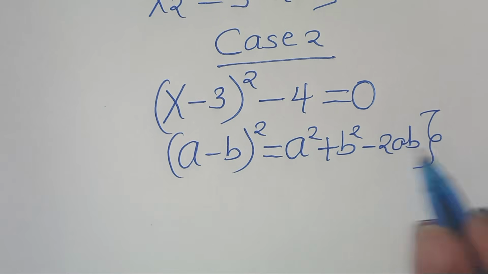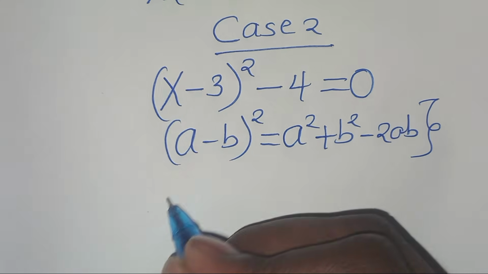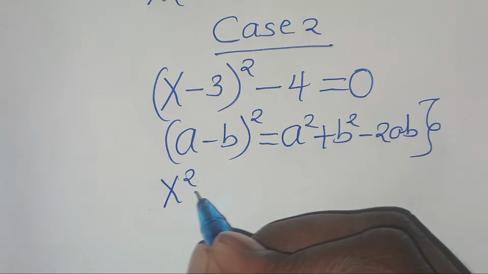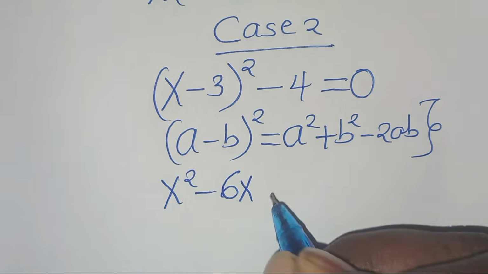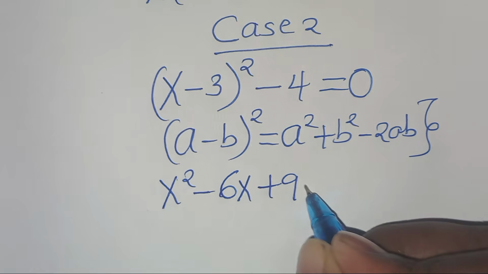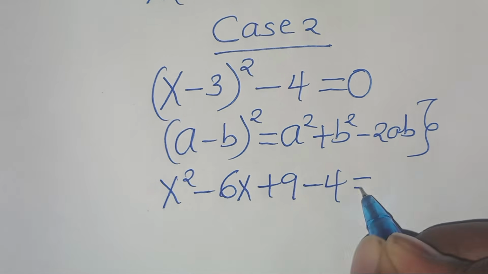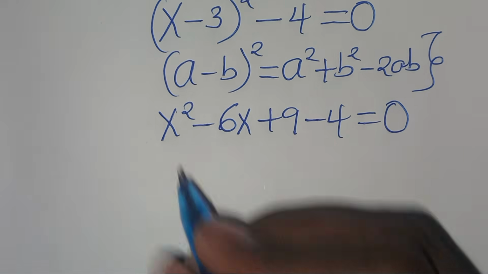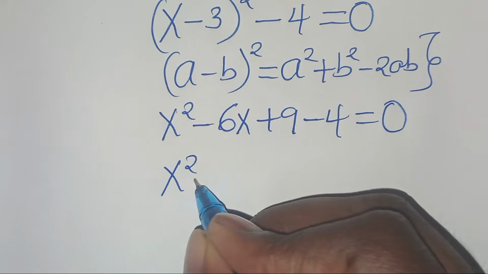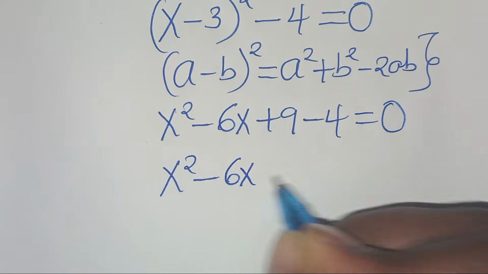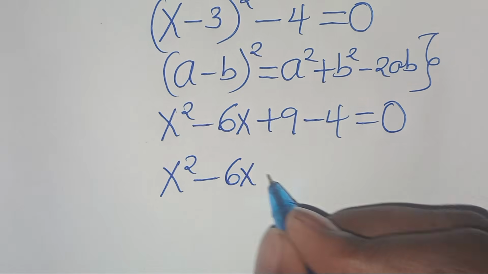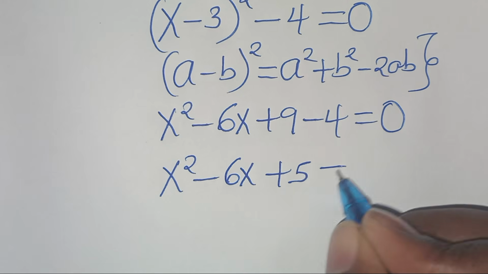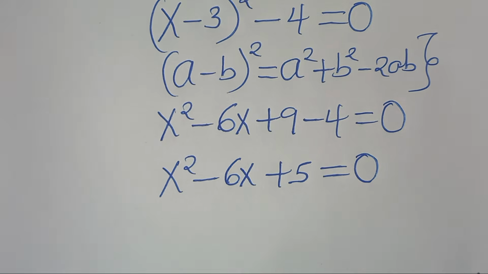Applying this algebraic identity, we have x to the power of 2 minus 6x plus 9 minus 4, equal to 0. So this is x to the power of 2 minus 6x, 9 minus 4 is plus 5, and this is equal to 0.